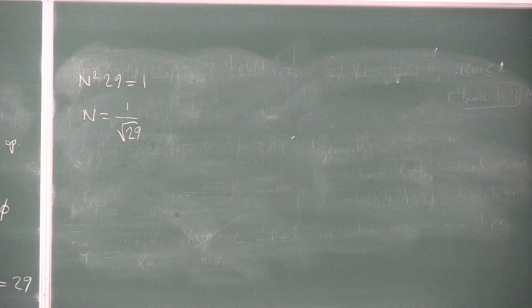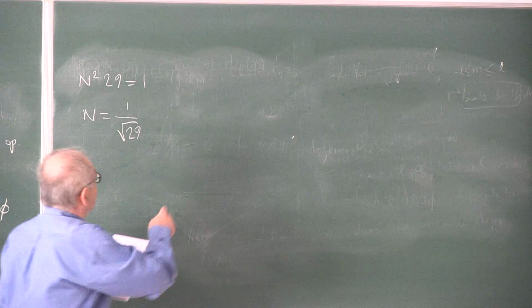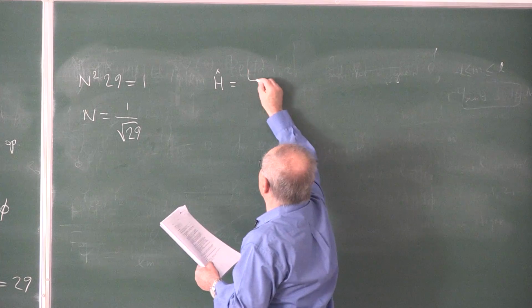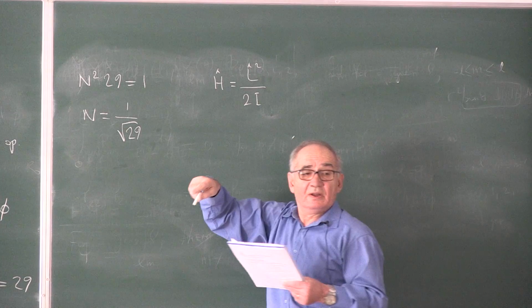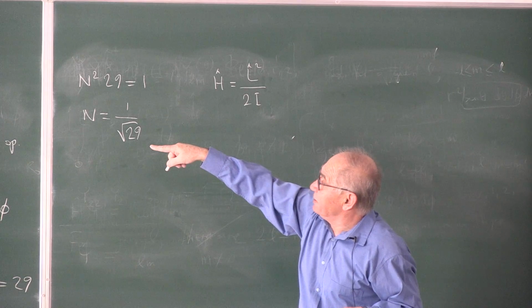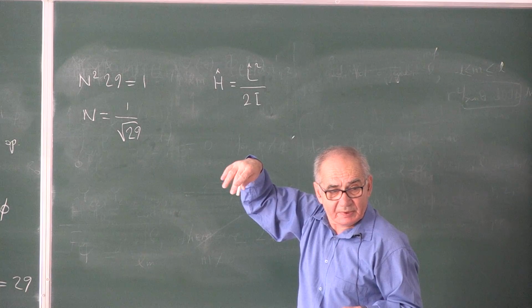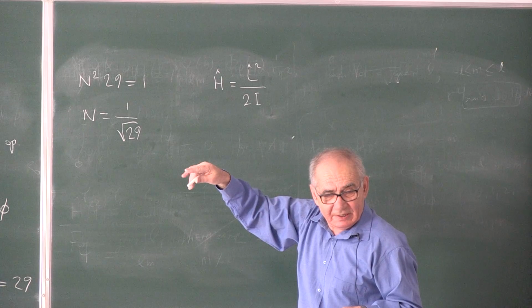Second part, write the Hamiltonian. Of course, H, but this is not the full two-dimensional, 2 degree of freedom rotor. It is a 1 degree of freedom rotor.